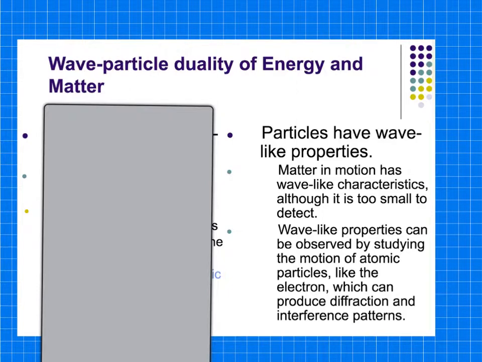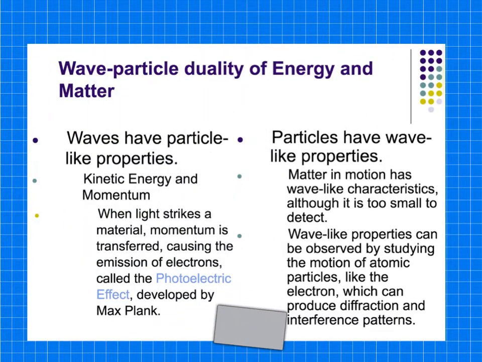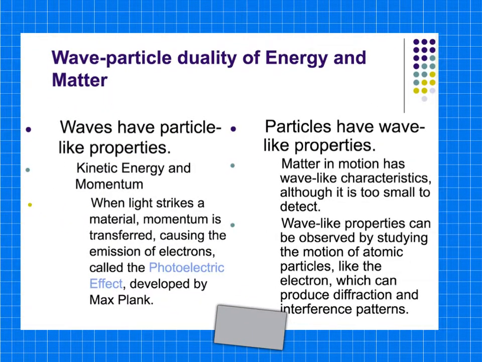They can also cause interference and diffraction patterns, which are definitely wave-like properties and not particle-like properties. So we can say that waves have particle-like properties and particles have wave-like properties, and that is called the wave-particle duality.